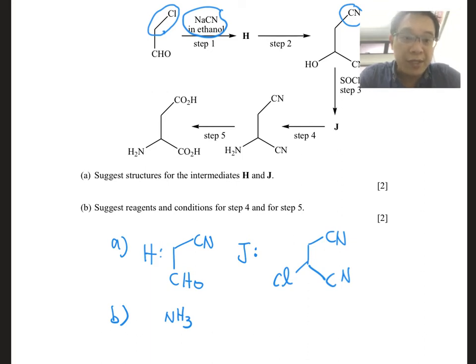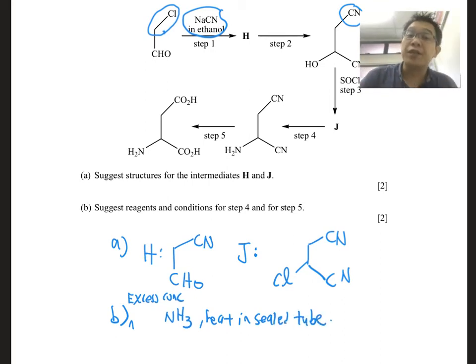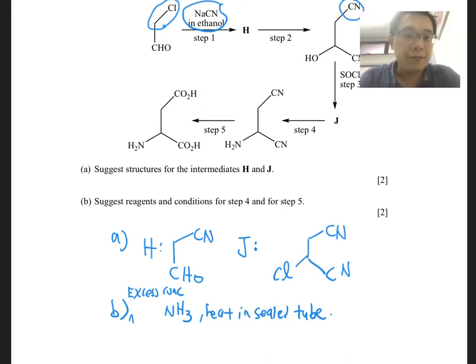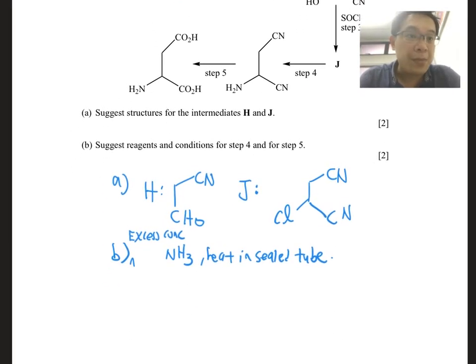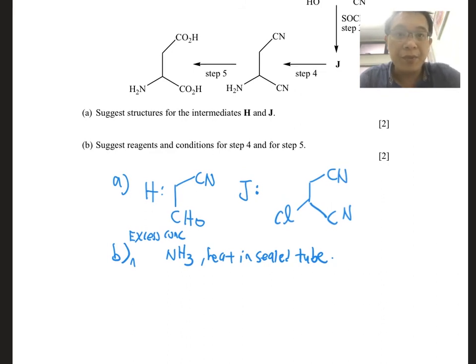So you can write down: excess concentrated NH3, heat in a sealed tube. This is the reaction. Step number 4, we are done already.